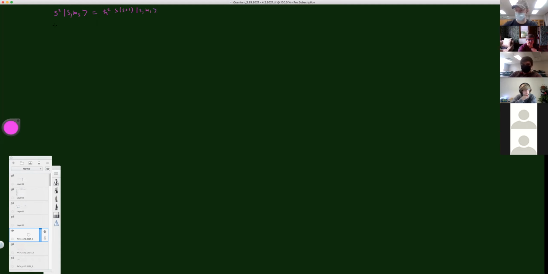Now this works for any spin, but we're doing spin 1/2. Sz on s m_s is h bar m_s on s m_s.